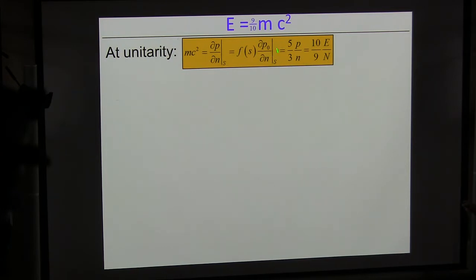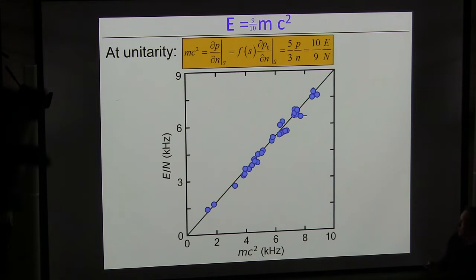And we know how it does that with 5/3. And then we throw in one more thing, that the pressure is 2/3 of the energy density, just like for an ideal gas, due to scale invariance, and you come up with this formula that mc squared is 10/9 times the energy per particle, which is something that you can measure and check out the axes. It goes from 0 to 9 here, and it goes from 0 to 10 here, so it is indeed correct.